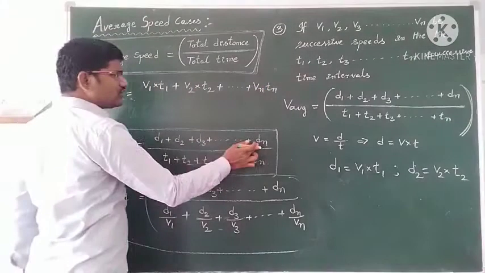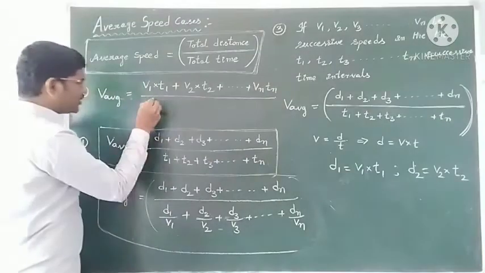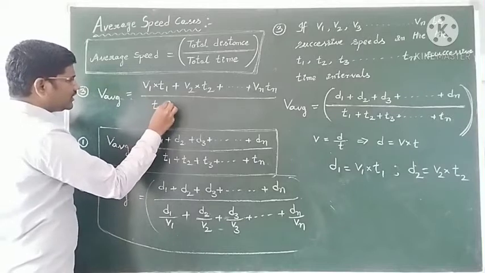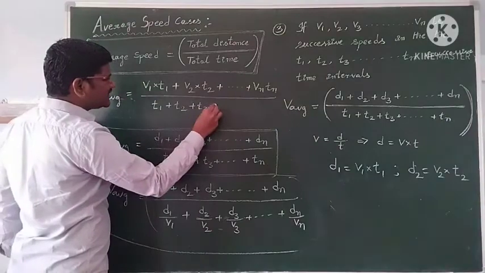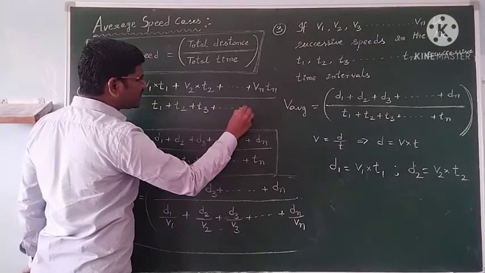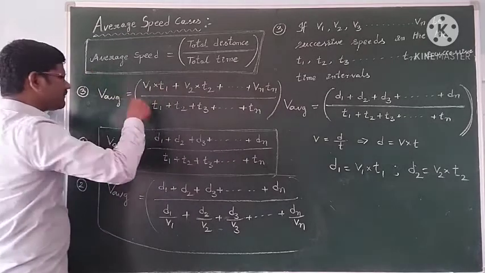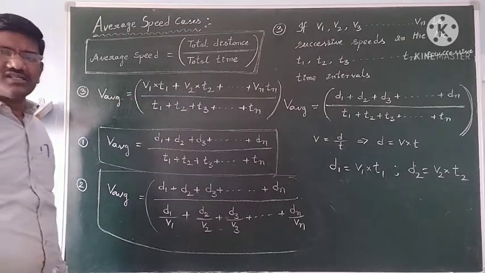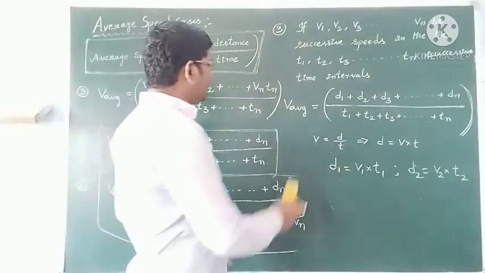Distance equals speed into time now. By total time taken T1 plus T2 plus T3 plus so on Tn. So this is the average speed formula in different cases. Okay children.